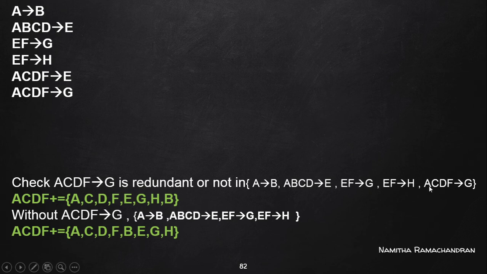Using this set, check whether ACDF implies G is redundant or not. So find the ACDF closure first. Here is the closure of ACDF. Then it can derive the G value, and EF can derive G and H.